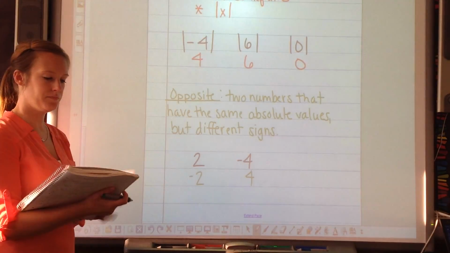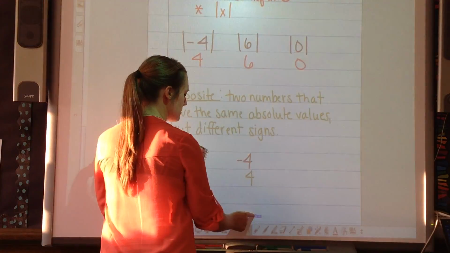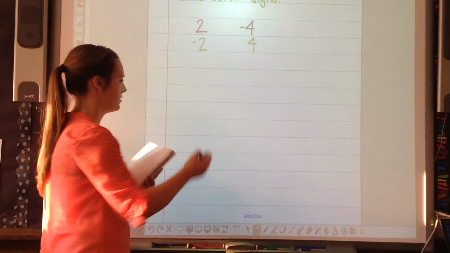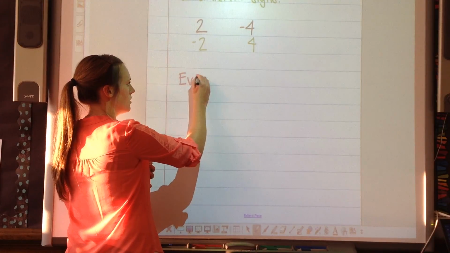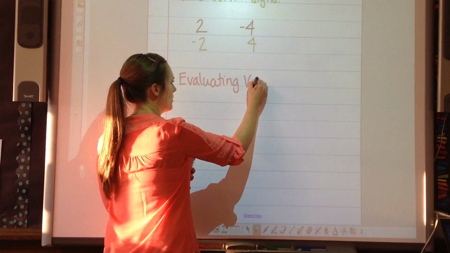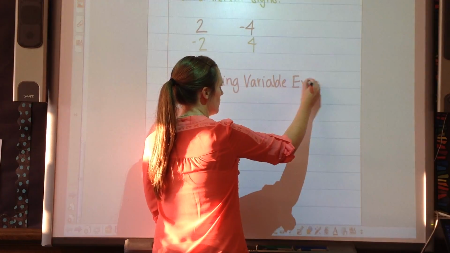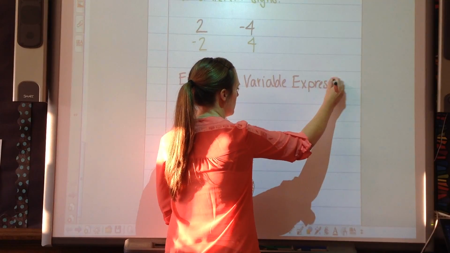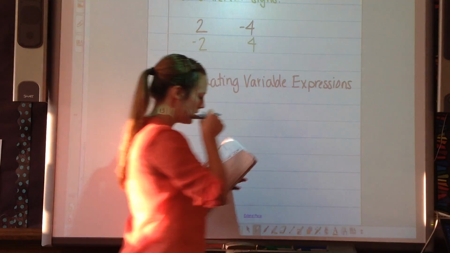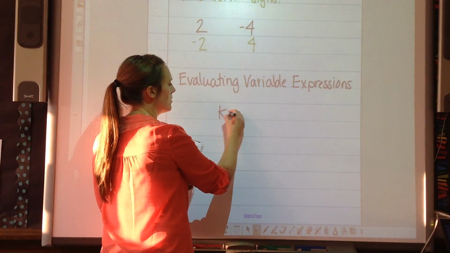Last section. They're going to want you to evaluate expressions. Evaluate when k equals -4.